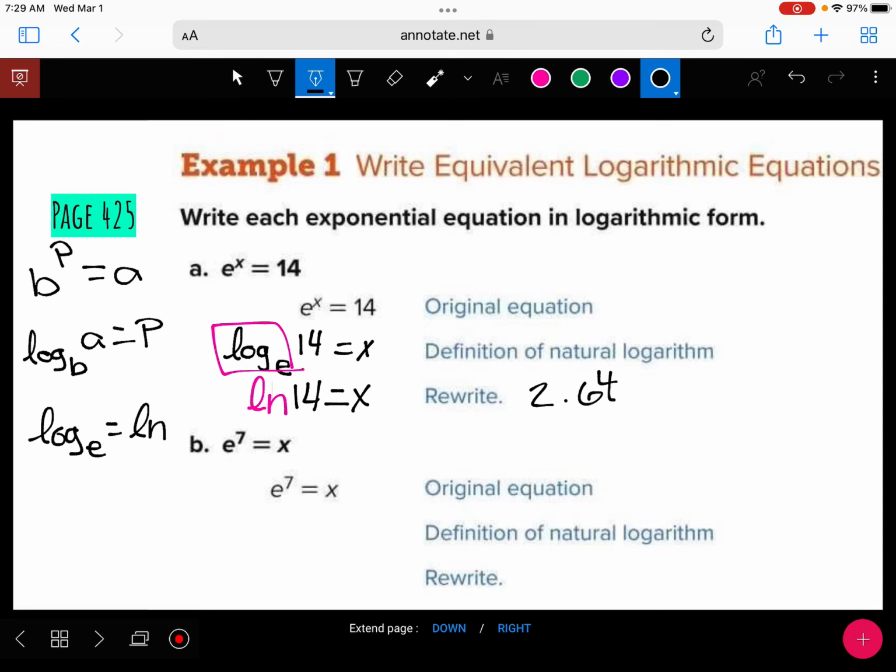So it gives us another option. We don't have to necessarily use the change of base formula. If we have a log base e, I don't have to do log of 14 over log of e. You absolutely can. You'll get the 100% exact same answer if you want to.